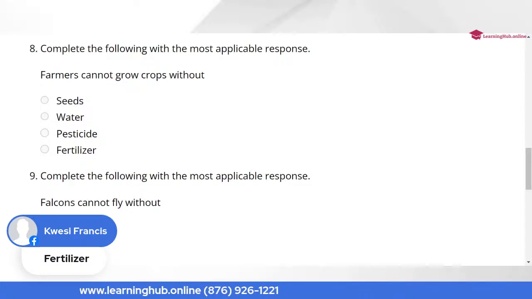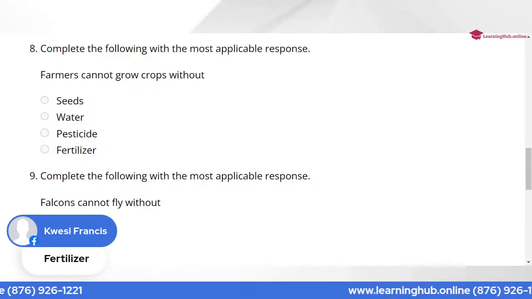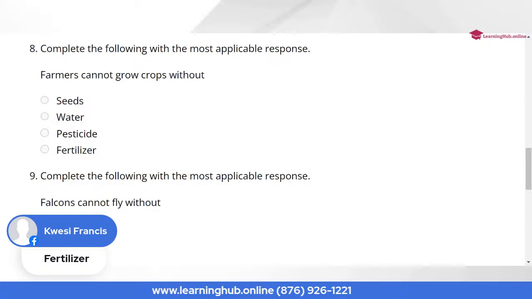All right, let's see some other answers. So you don't have to have seeds, you don't have to have fertilizer, you don't have to have pesticides. The organic farming farmers, they don't use fertilizers and pesticides. They use natural stuff.